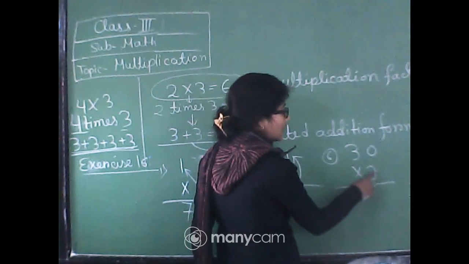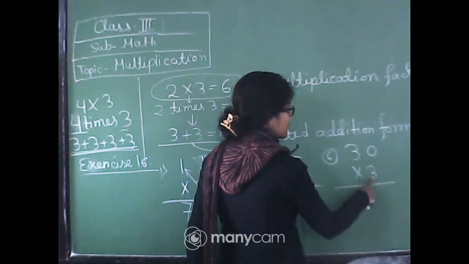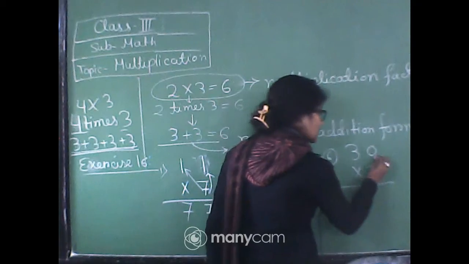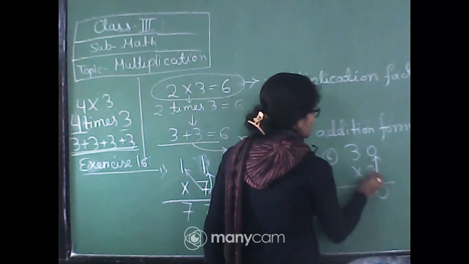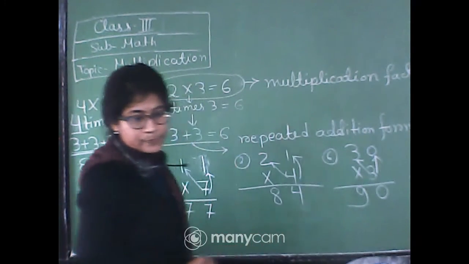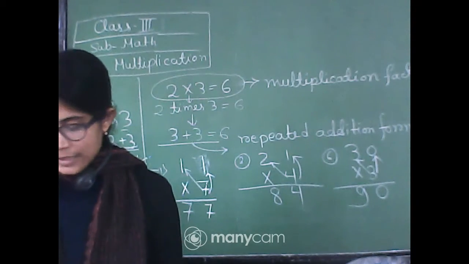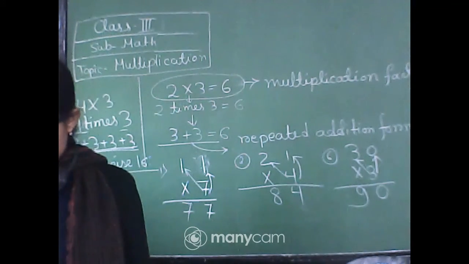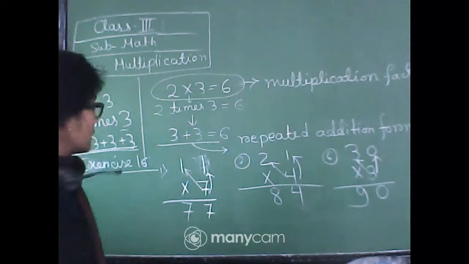We will multiply this 3 with 0 and this 3 with this 3, isn't it? First of all, 3 zeros are 0, then 3 3s are 9. In this way you have to do exercise number 16. Now come to exercise number 17.